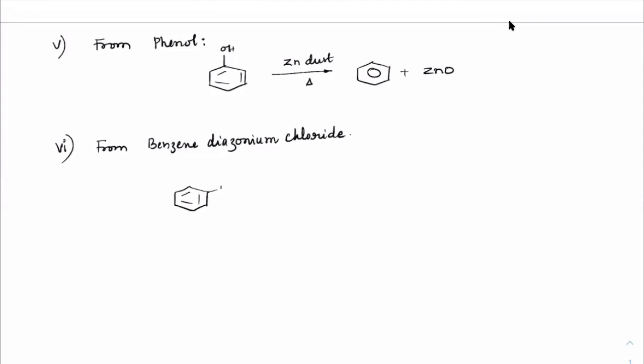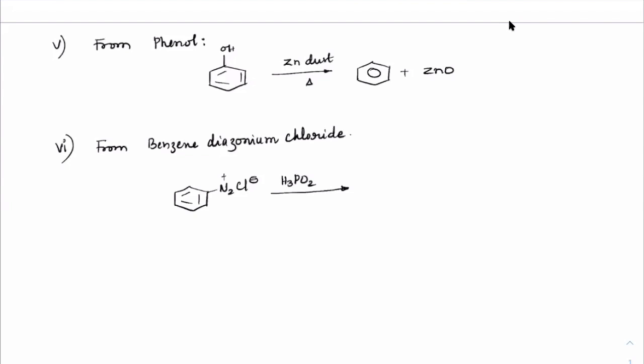Benzene with N2+ and Cl minus. When you have the presence of this and you treat with H3PO2, this is hypophosphorous acid.